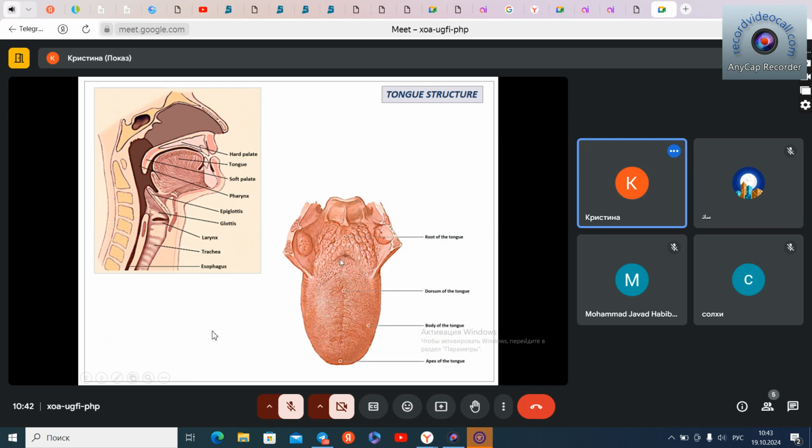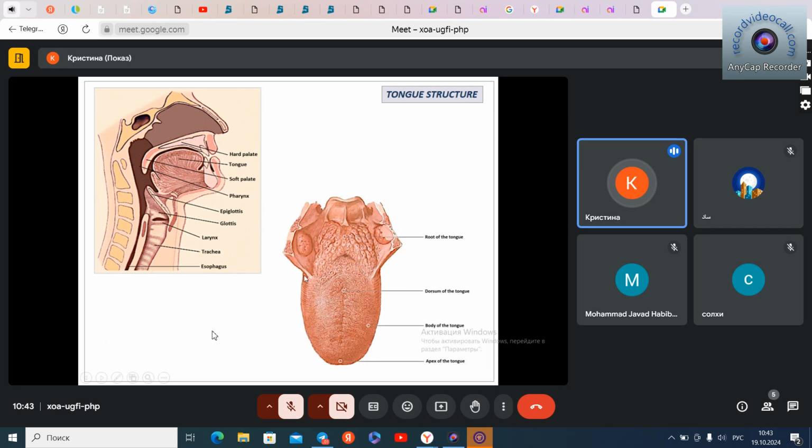In the root, at the surface, we have the tonsil, the lingual tonsil, which is a large amount of lymphoid tissue to perform the immunity function at the gate of infection, which the oral cavity is.